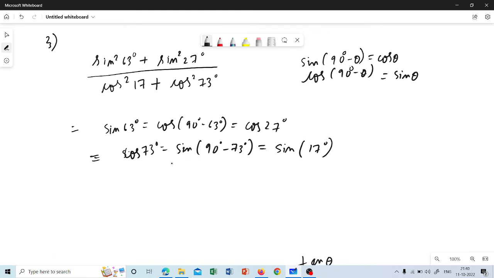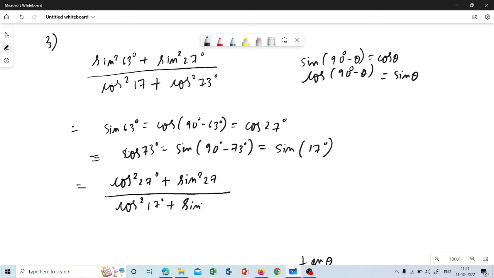So I will substitute these in the numerator and denominator. I will get the expression as cos square 27 degrees plus sine square 27 degrees, divided by cos square 17 degrees plus sine square 17 degrees.